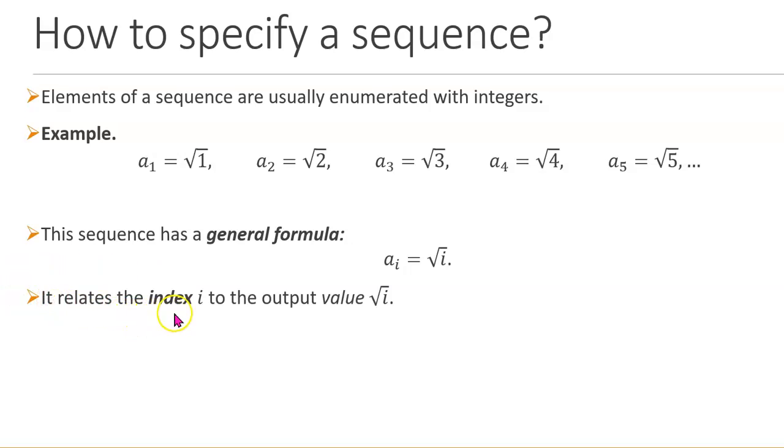This formula relates the index i to the output value square root of i. So think about the general formula as a function whose input is positive integers, and the output is whatever output values you have for the sequence.